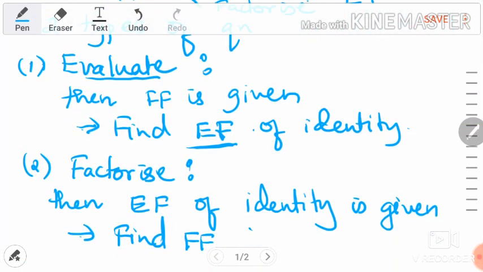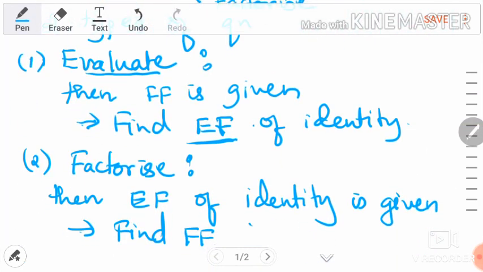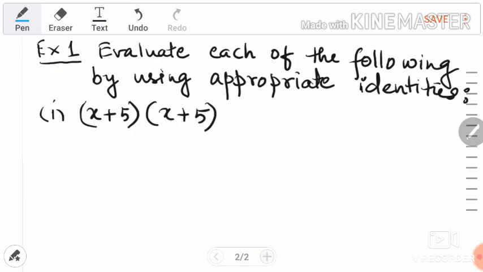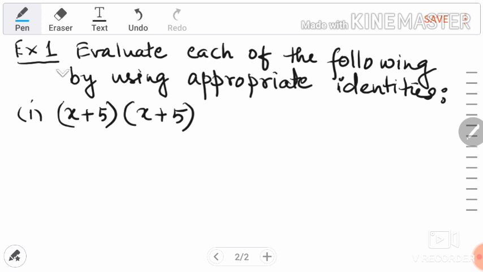Now let's use these identities to find the product of some algebraic expressions. Example 1. Evaluate each of the following by using appropriate identities. X plus 5 into x plus 5. The factor form of the identity is given.